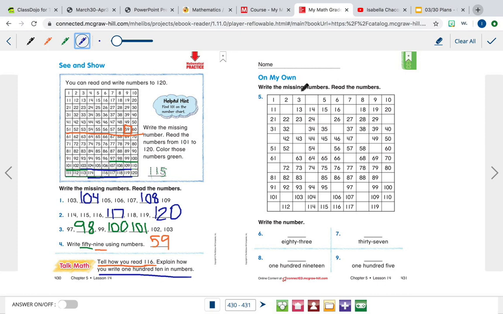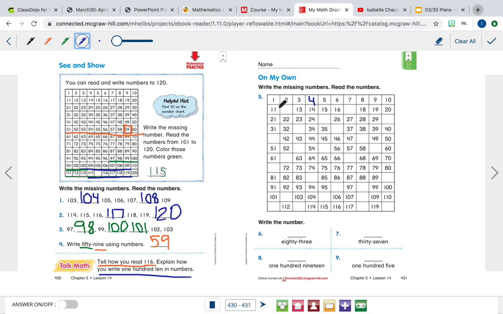So 1, 2, 3. Everybody knows 4 comes after 3. But if you didn't know that, you could have said, let's look at the ones place down here. What is in all of the ones place? And you know that it's 4. What about this one? We have 11.